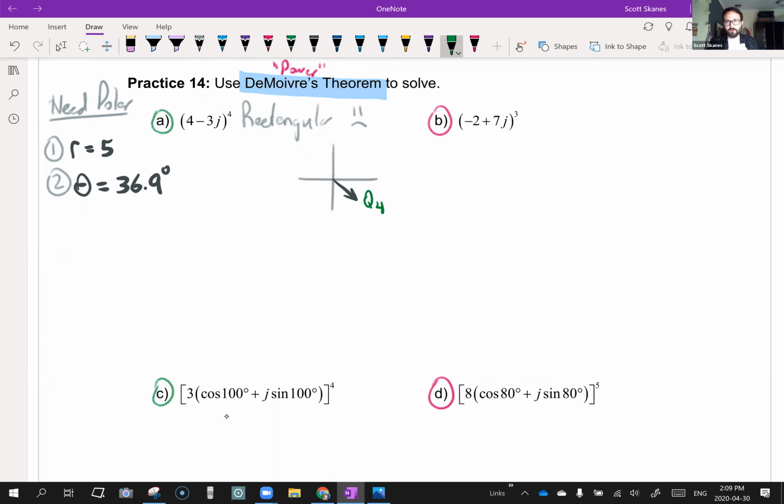If it's in quadrant 4, what do we do? 360 minus 36.9 is, let me see, 360 minus this guy, 323.1 is what I got. You're working through it, it's okay. And that's 323.1, that's our angle.